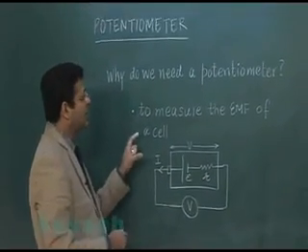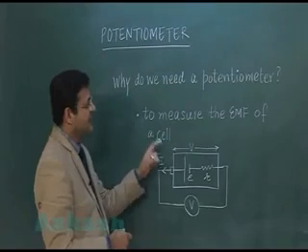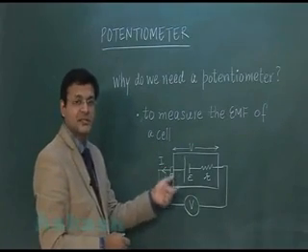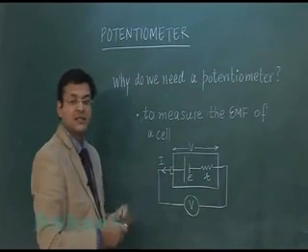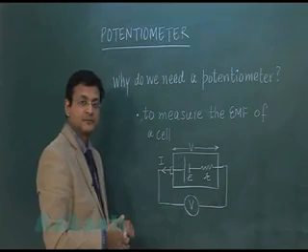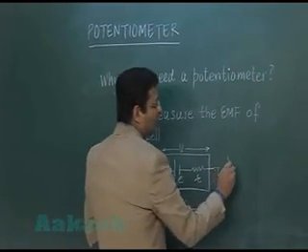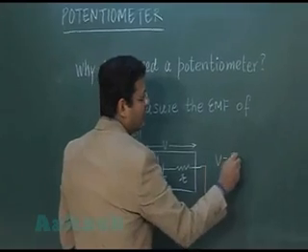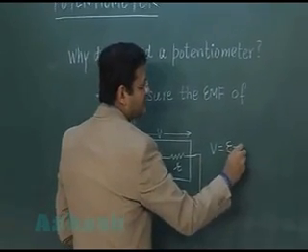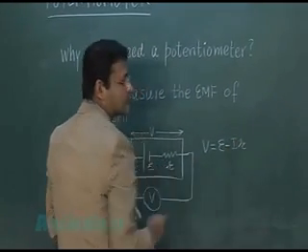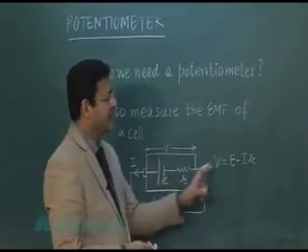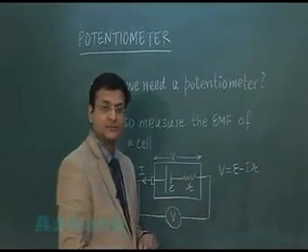So I am trying to highlight this fact that in case you want to measure the EMF of a cell, voltmeter is not a suitable instrument. अगर आप एक सेल की EMF मेजर करना चाहते हैं तो वोल्टमीटर आपको टर्मिनल वोल्टेज मेजर करके दिखाएगा, जो कि इस केस में EMF से लेस हो जाएगी.